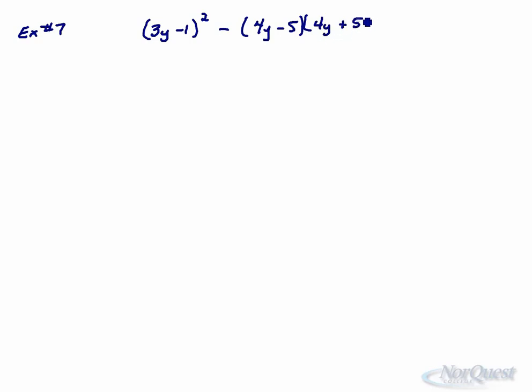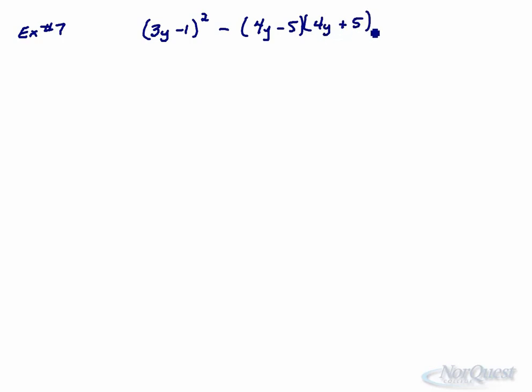Example 7, we'll work with a couple of those special ones again. We're going to go with 3y minus 1 squared, and we're going to subtract 4y minus 5, 4y plus 5.